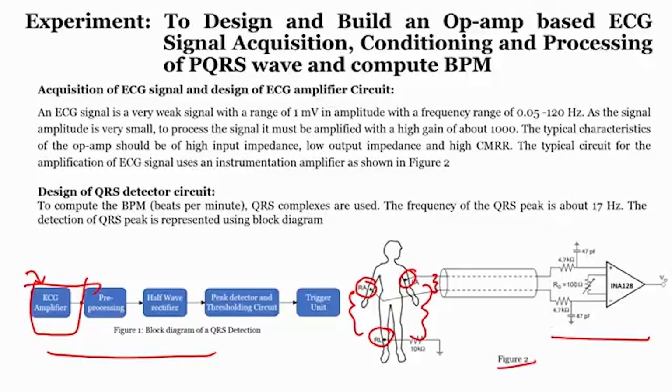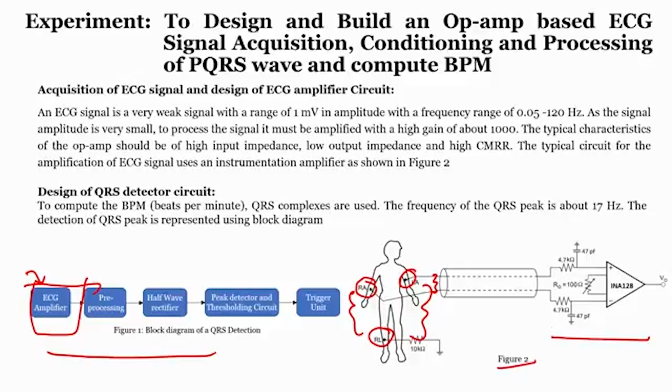Whereas in a differential amplifier, the input has to be directly connected to the resistor, whose value decides the complete impedance of the system. As a result, the input impedance of the differential amplifier is really poor. So we cannot go with a differential amplifier, and that's why we are going with an instrumentation amplifier, because of these advantages.